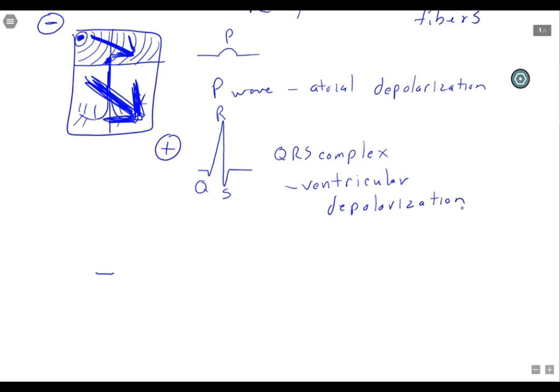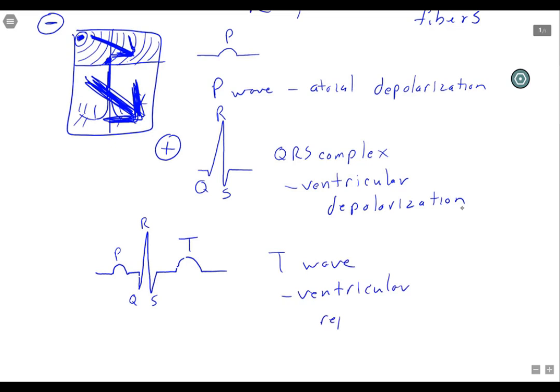So here's our ECG with our P wave, atria depolarized, then the ventricles depolarized, QRS complex, and then we have this. This is our T wave. So our T wave represents the ventricles repolarizing. So we have ventricular repolarization. So it's important that the ventricles repolarize so that they can depolarize again.